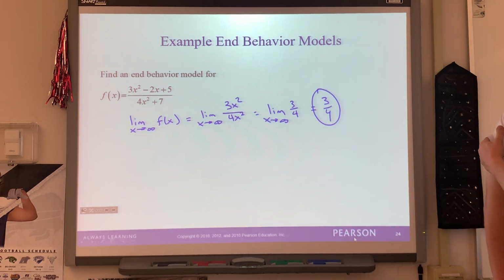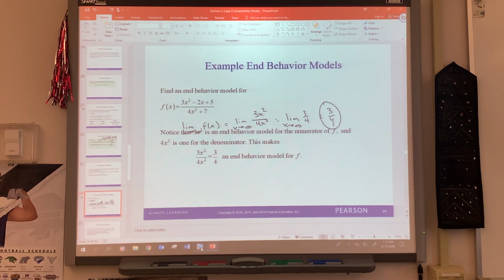So let's take a look at this and see if we can have our calculator show us this. I'm going to try to remember this: 3x squared minus 2x plus 5. Let's go to our calculator here.